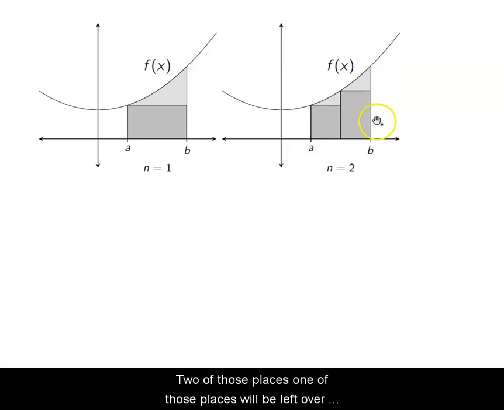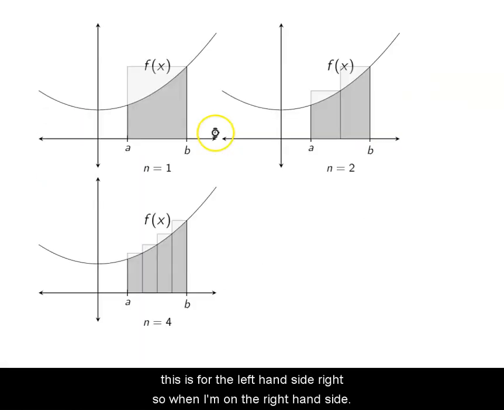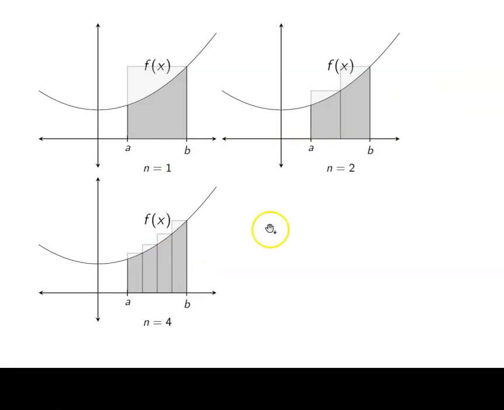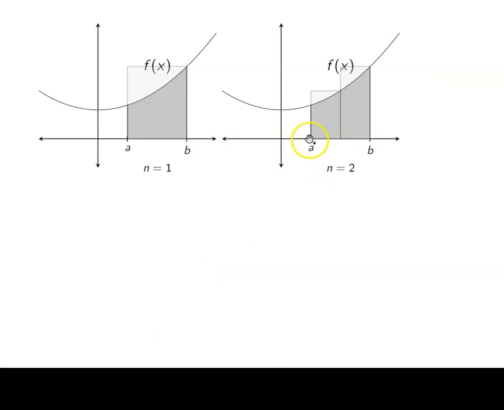One of those places will be left over. This is for the left-hand sum, right? So when I'm on the right-hand sum, okay, I evaluate not at a, so not at the first one, not at x naught, but at x1. I evaluate, and then at x2, or in this case xn, I evaluate as well to get the heights. Okay, so that means that one of my x values I didn't use at all, right?